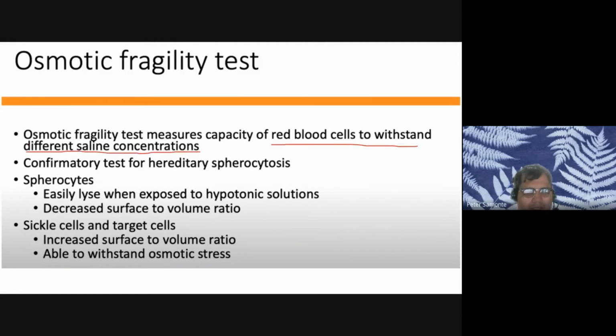Now, let's proceed. Your osmotic fragility test, class, would measure the capacity of red blood cells to withstand different saline concentrations. In previous topics, I mentioned that your normal saline solution, or NaCl, sodium chloride, or NSS, is isotonic. And when a solution is isotonic, your red blood cells do not lyse.